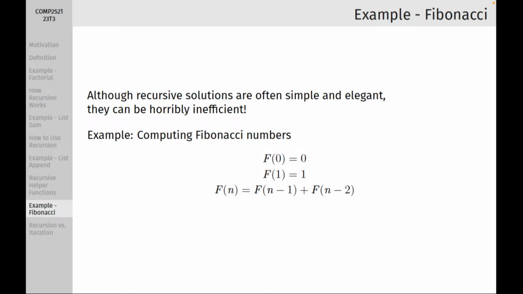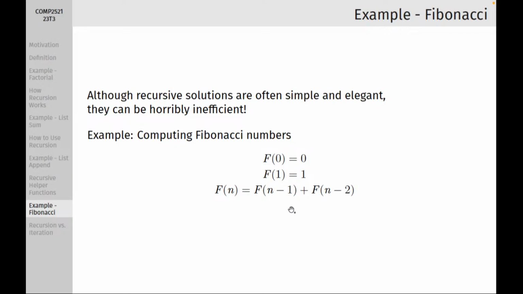So the sequence would go 0, 1, 1, 2, 3, 5, and so on. If you look up the definition of the Fibonacci sequence on Google or Wikipedia, you'll basically see this: the 0th Fibonacci number is 0, the first Fibonacci number is 1, and then for all other numbers in the sequence, f(n) = f(n-1) + f(n-2).